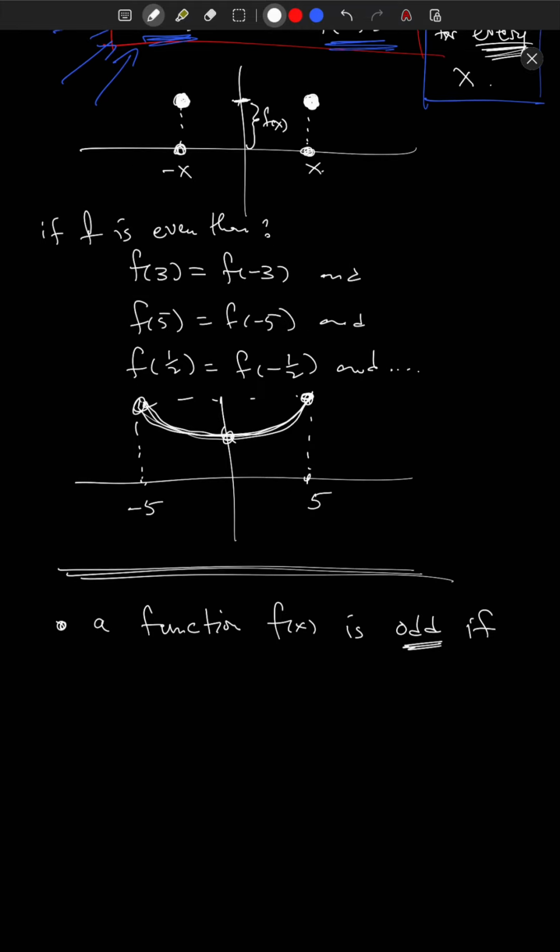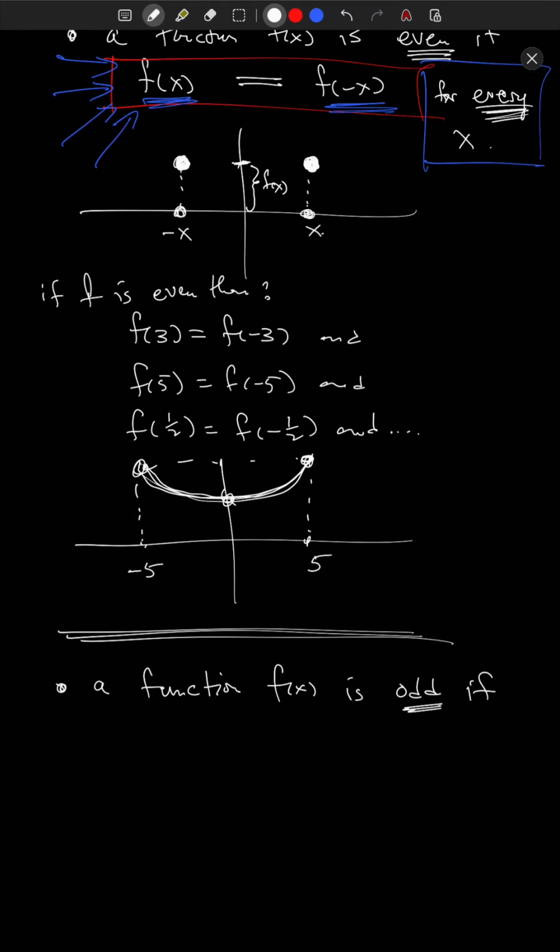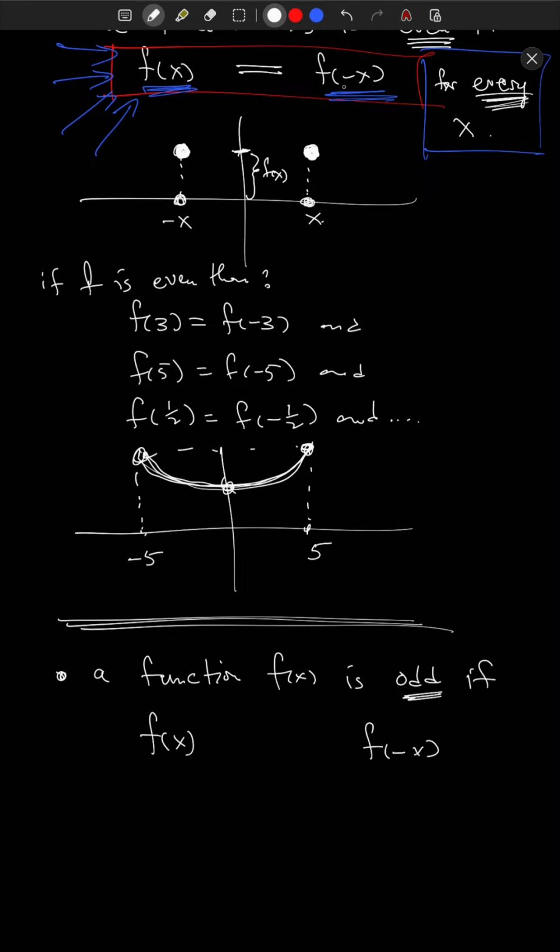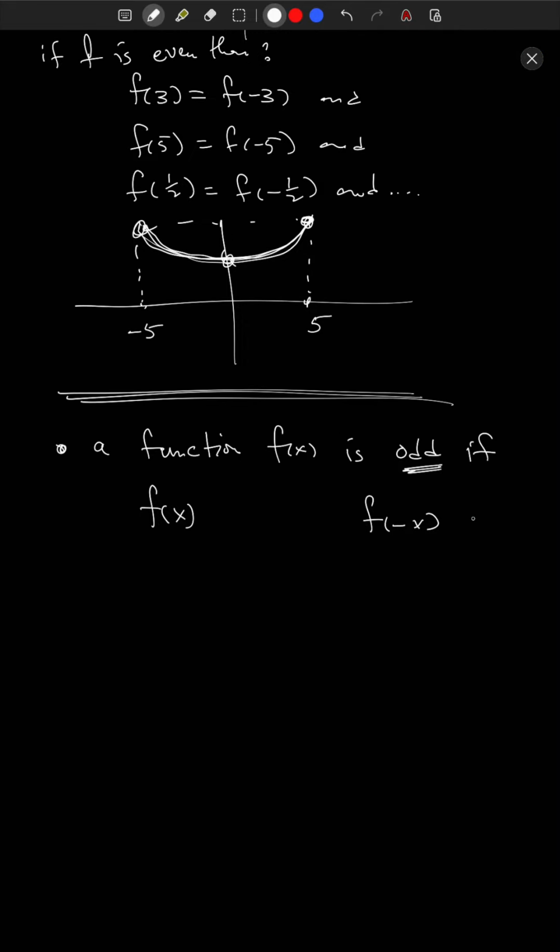Well, again, a really good way to think of even and odd is that it's always a comparison between f of x and f of minus x. For even, the comparison was that f of x was literally equal to f of minus x. What about odd? Again, this will be for every x. I'll fill in the middle part in just a couple seconds.